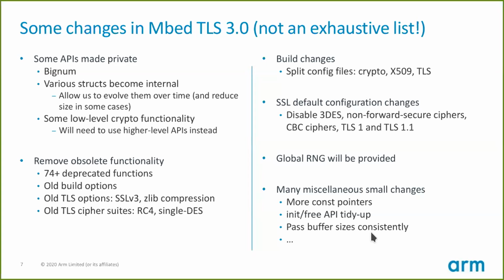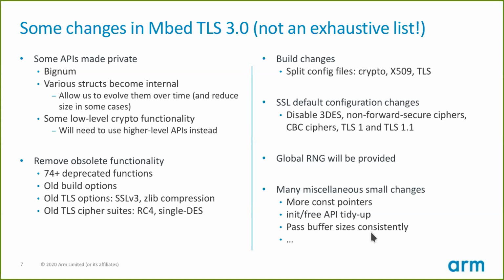In Mbed TLS, there are functions called free which, apart from mbedtls_free, don't actually free their argument. They just free the contents of their argument. And so in 3.0, for clarity, we'll probably rename those to something like mbedtls_foo_clear or mbedtls_foo_reset to indicate that they don't actually free the argument, they just free embedded resources.